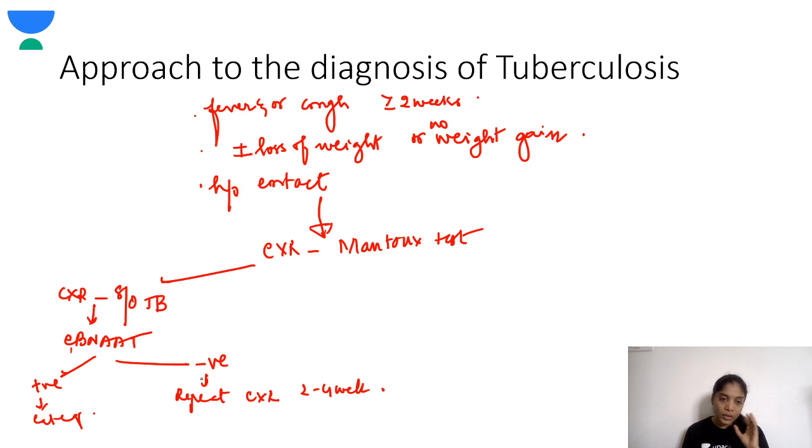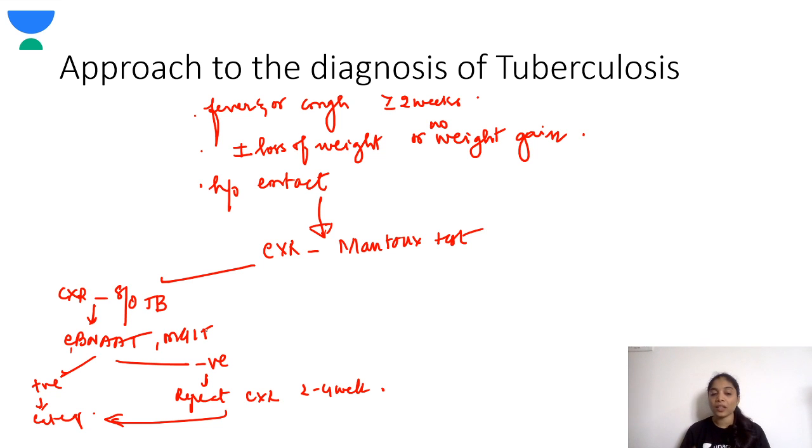Now if the chest X-ray is suggestive of tuberculosis, and there is a positive tuberculin test, then you again assign the category and treat the patient. So CB-NAT, that is GeneXpert, is very important, or MGIT. What is MGIT? Mycobacterial growth indicator tube.